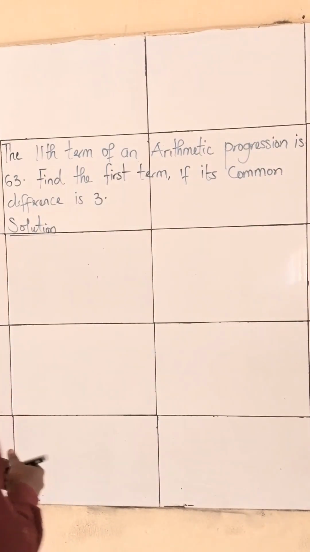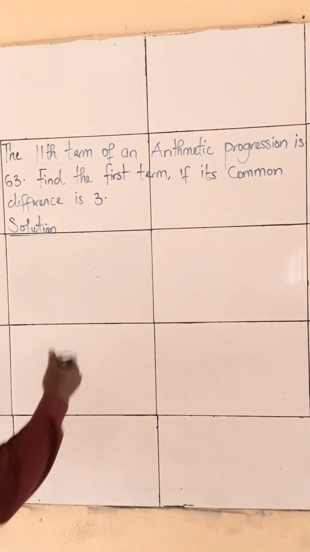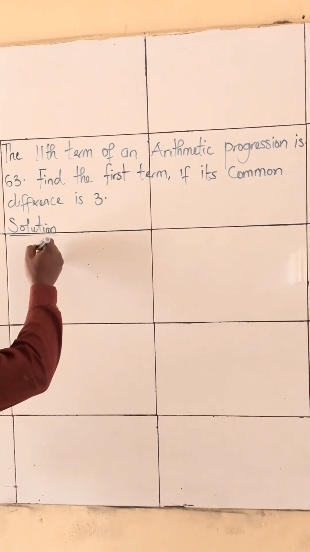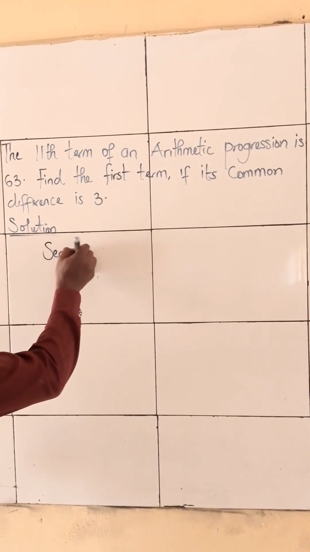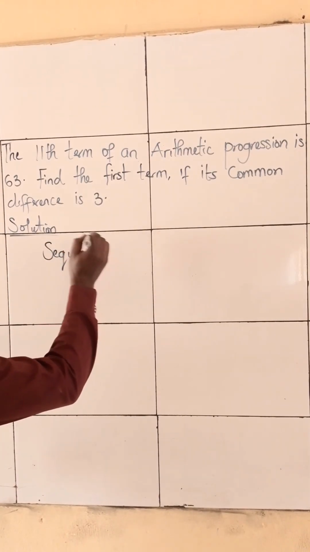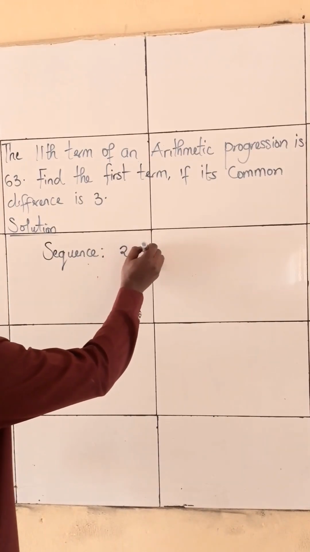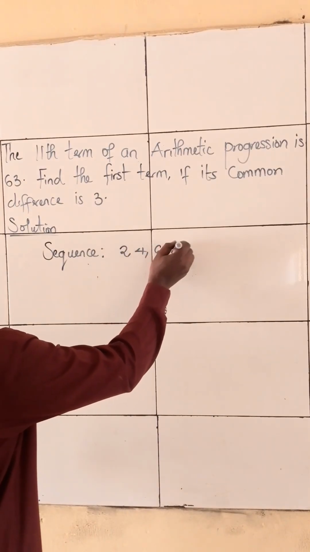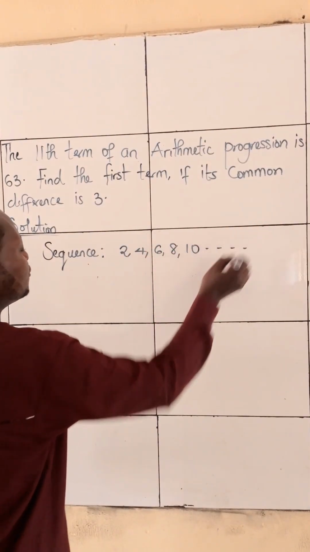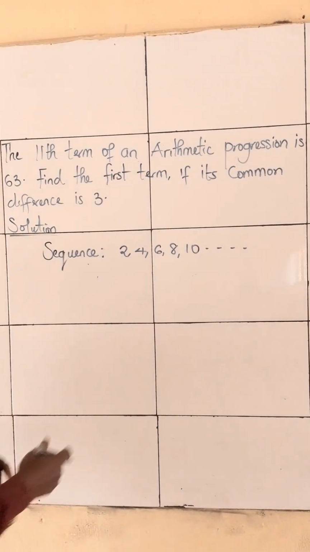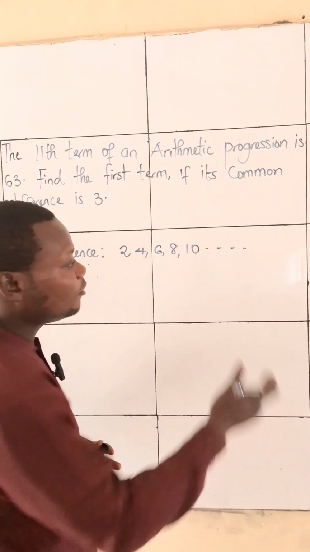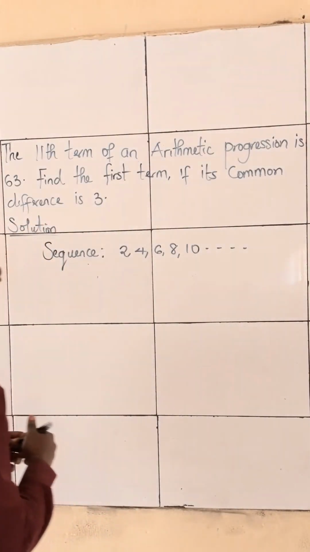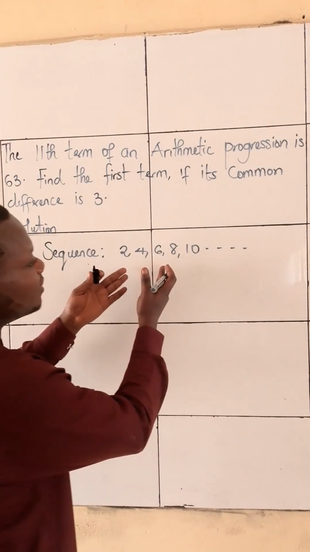Okay, but what is even arithmetic progression? So suppose I have a sequence, like 2, 4, 6, 8, 10, and so on and so forth. So if I ask you, you can already guess the next number. The next number will be 12, followed by 14, and so on. So this is a sequence, and this is what?